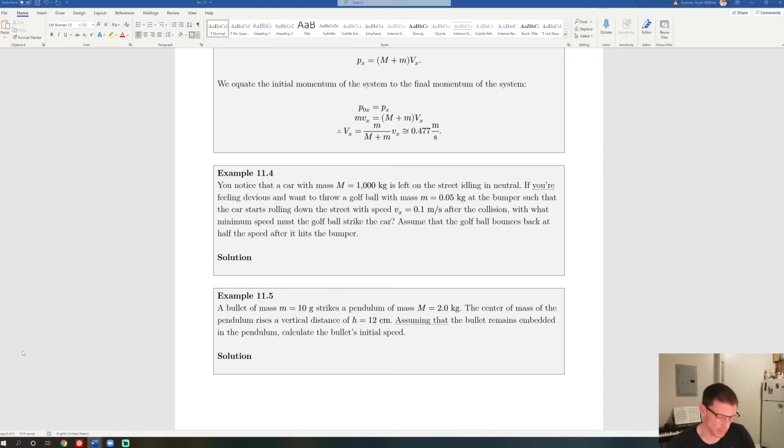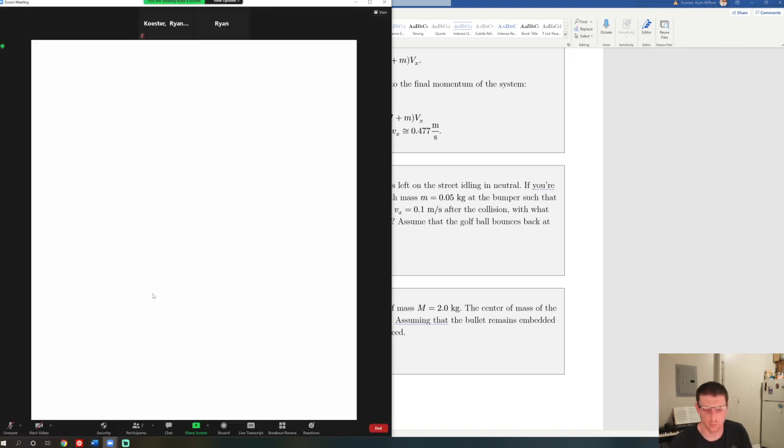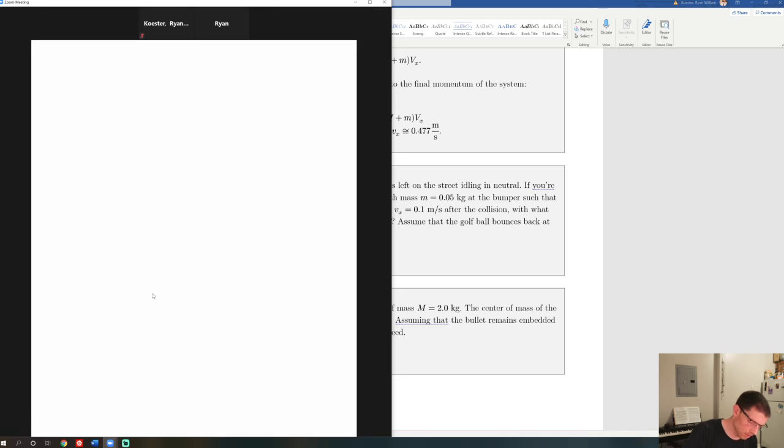So let's also make a sketch of this and see what it looks like. So I'm going to bring up the other screen again. Okay, so what we have initially is, and I'm just going to draw the car as a box.